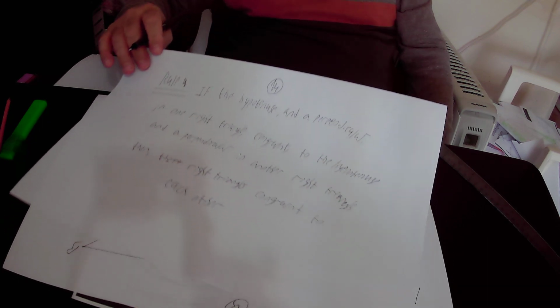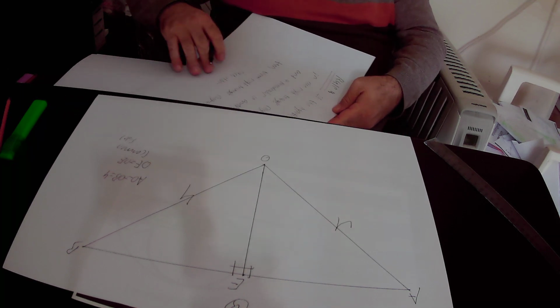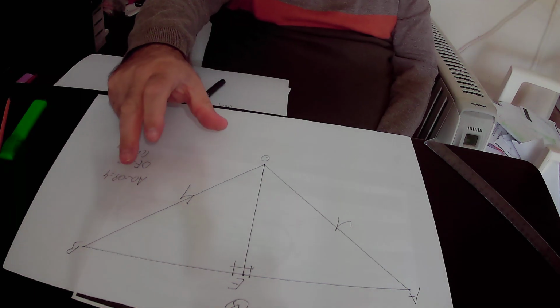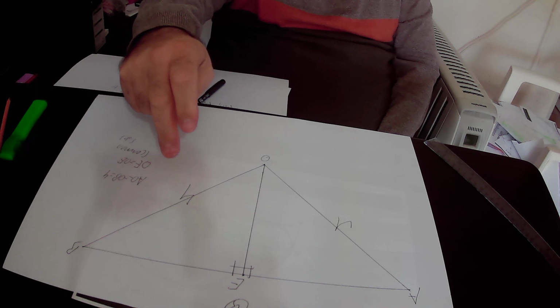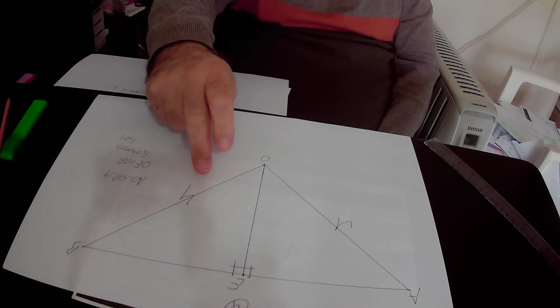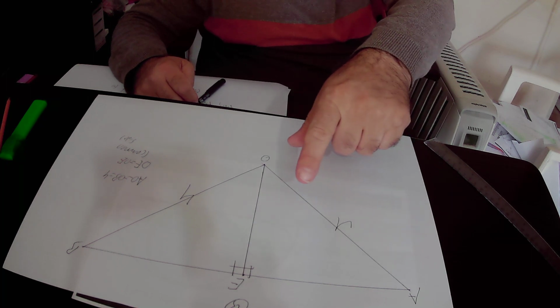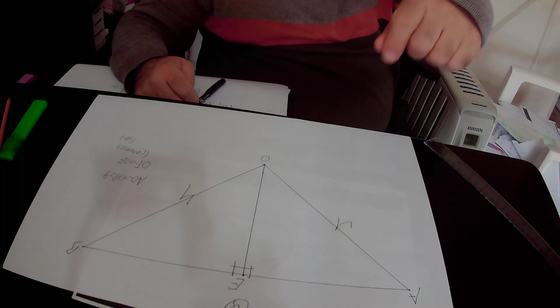And we actually proved that the hypotenuse OB and the perpendicular OE in the right triangle OEB are congruent to the hypotenuse OA and the perpendicular OE in the right triangle OEA.